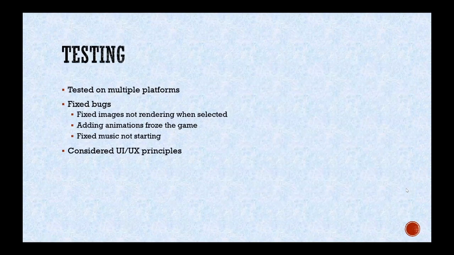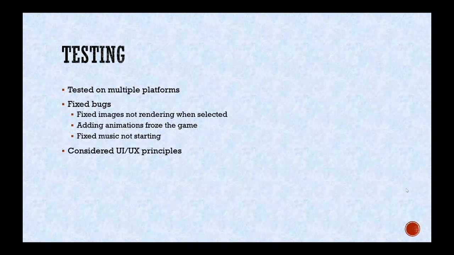With the testing, we tested it on multiple platforms, so we got to see if it could work on mobile, and in different browsers such as Google Chrome, Firefox, Microsoft Edge, or the Brave browser. Several bugs were coming up.